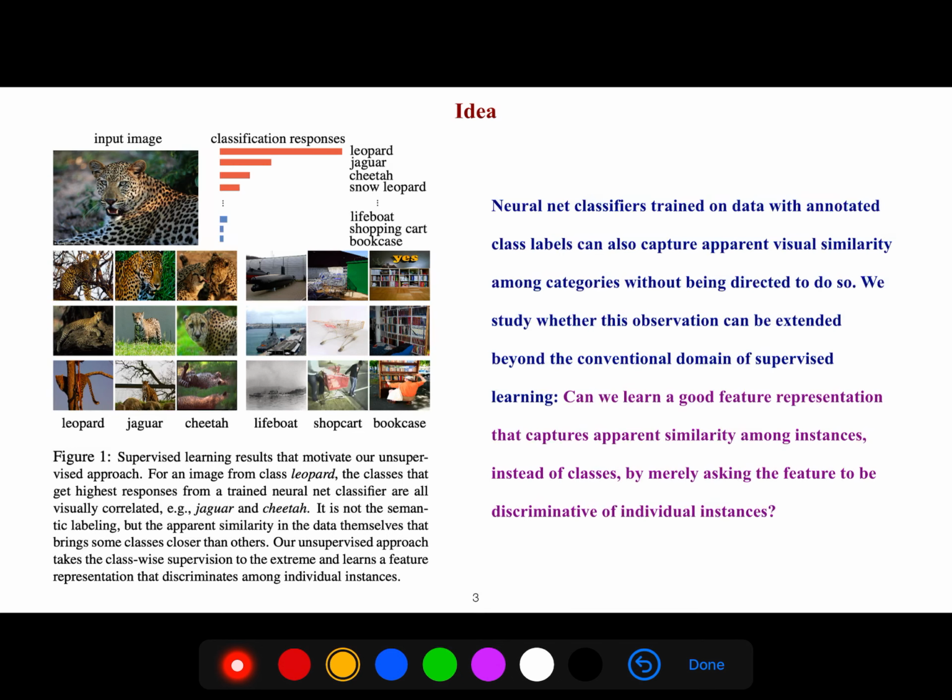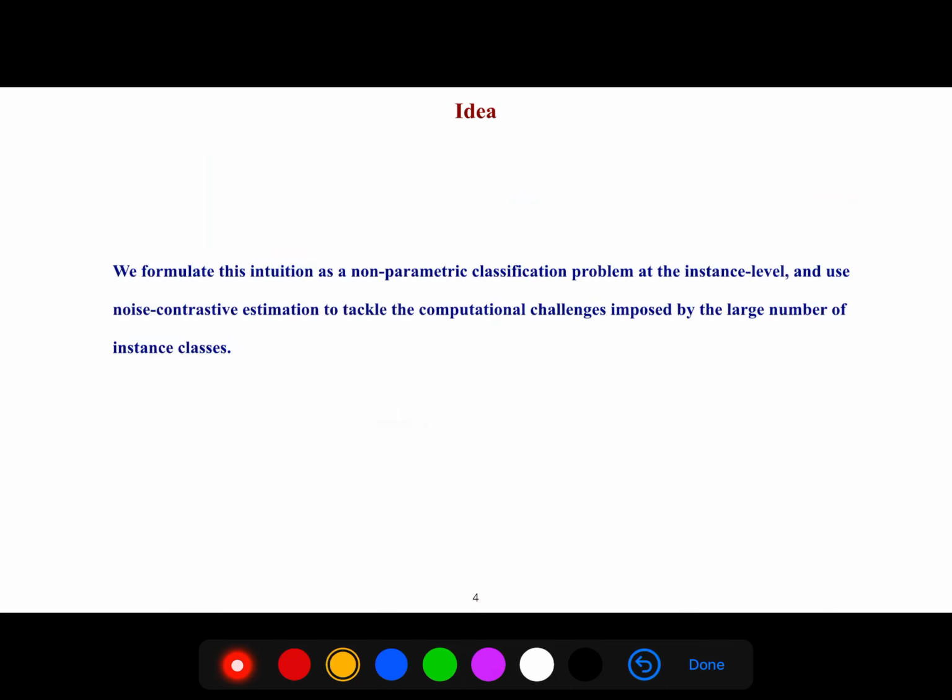Can we learn a good feature representation that captures apparent similarity among instances instead of classes by merely asking the feature to be discriminative of individual instances? We formulate this as a nonparametric classification problem at the instance level.